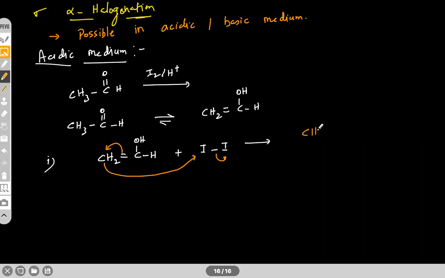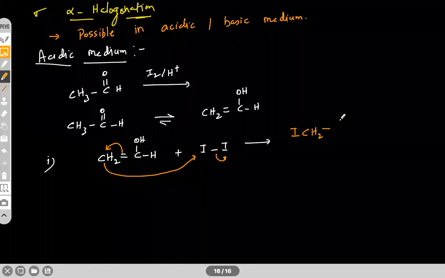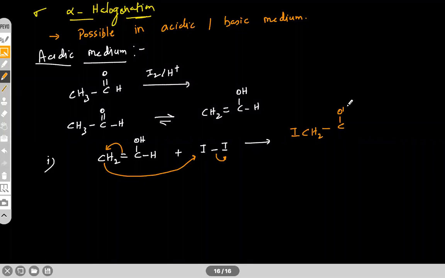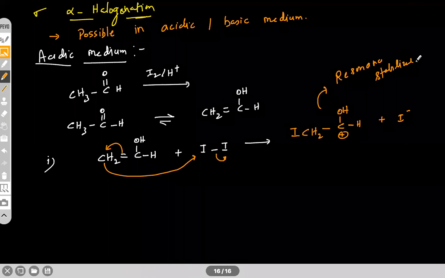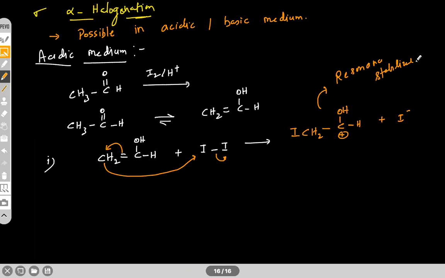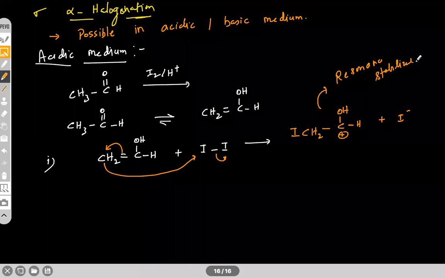Product is CH2I COH with a positive charge, and we get I minus from this. Now, if you look at this carbocation, this can form easily because this carbocation is resonance stabilized. Yes or no? Oxygen has a lone pair on it, so resonance stabilized.